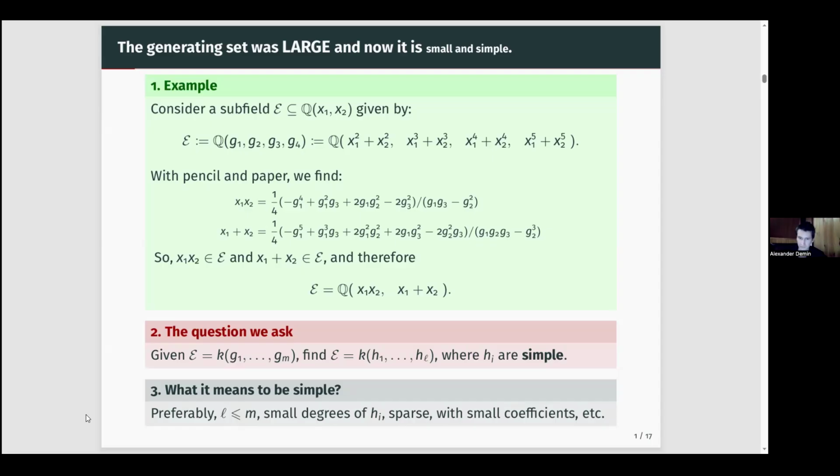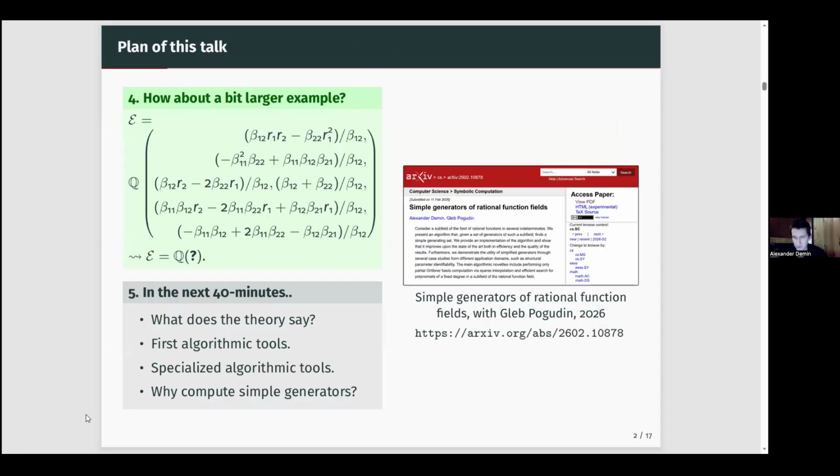All right. Now, on the previous slide, I could have written down these formulas. If I know what to search for, I could have found these expressions by hand, because I could have guessed them.